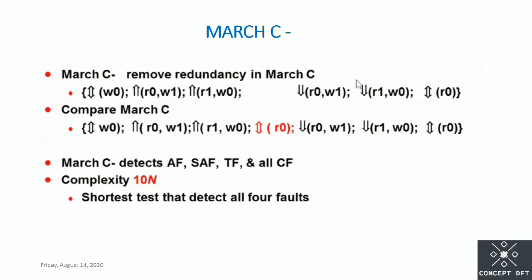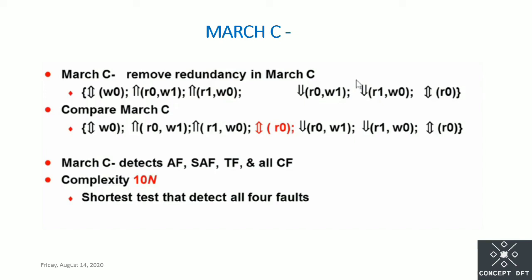March C minus algorithm. March C minus algorithm removes the redundancy in March C. The flow of March C minus is: write 0 in any direction, then read 0, write 1 in ascending, read 1, write 0 in ascending, again read 0, write 1 in descending, read 1, write 0 in descending, and read 0 in any direction.